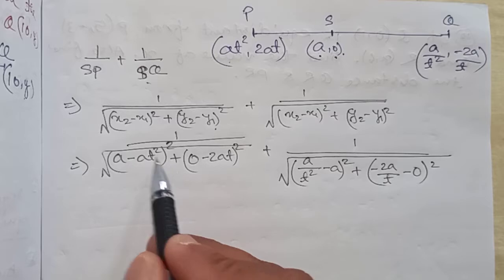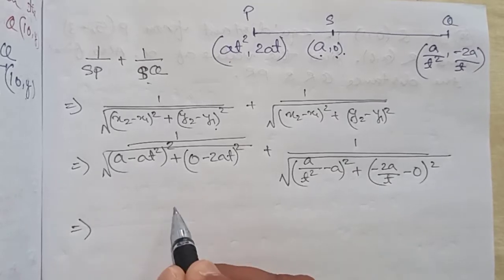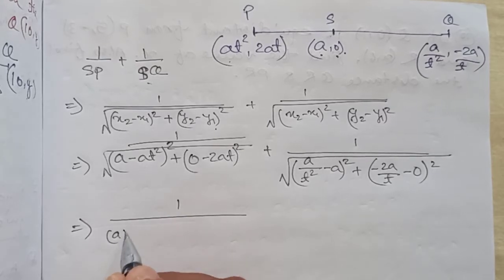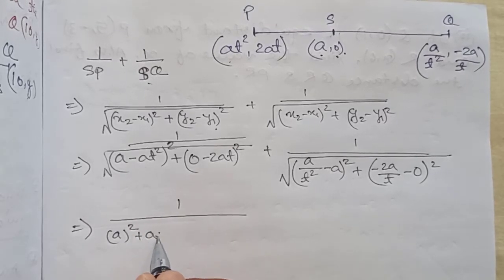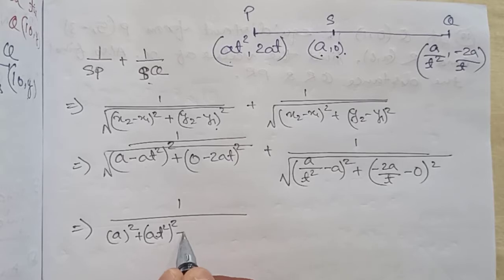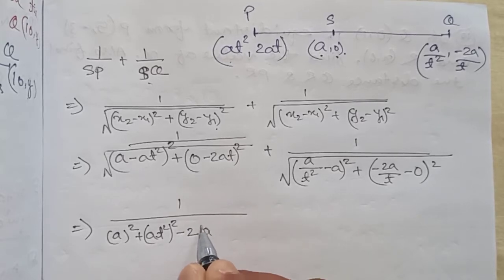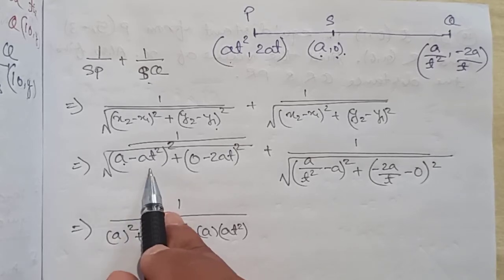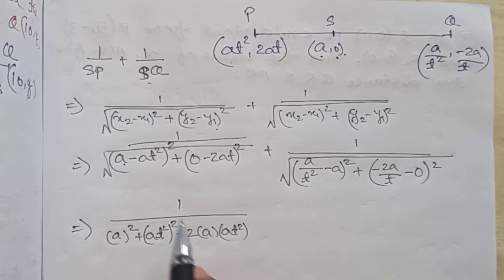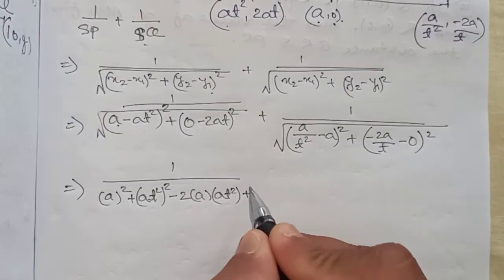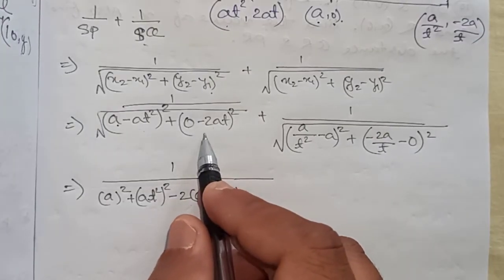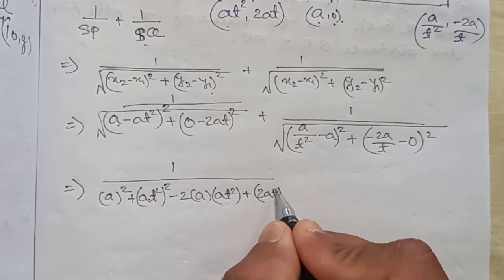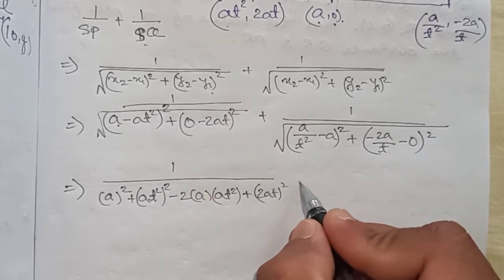We will use the formula here: a minus b whole square is a square plus b square minus 2ab. So a square plus b square minus 2a times at square, plus 0 minus 2at is minus 2at, squared gives 4a square t square.